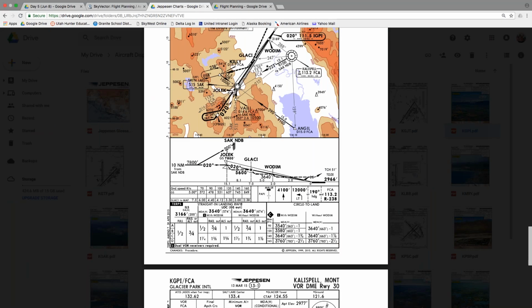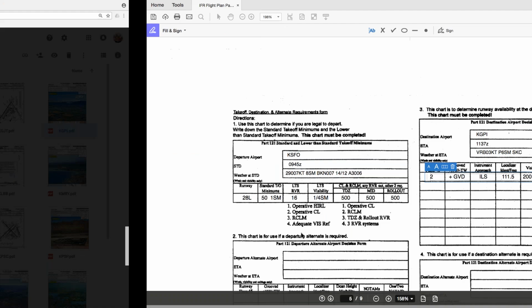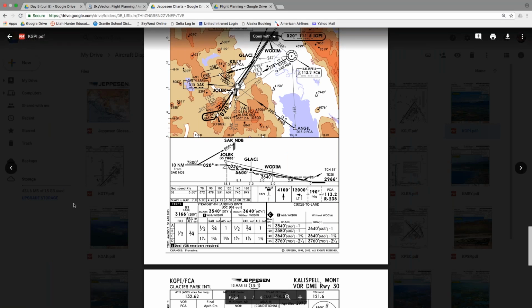What do we have for our minimums? 200.5. Where are our minimums? Does everybody remember where to find the minimums? Bottom left-hand corner, right?